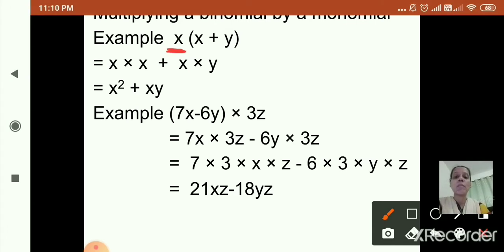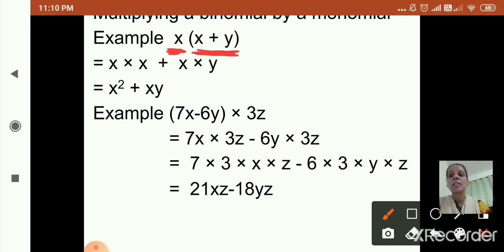And the binomial algebraic expression is x plus y, because it is having two terms. So this is binomial and this is monomial. Now we will see multiplication of binomial by a monomial.